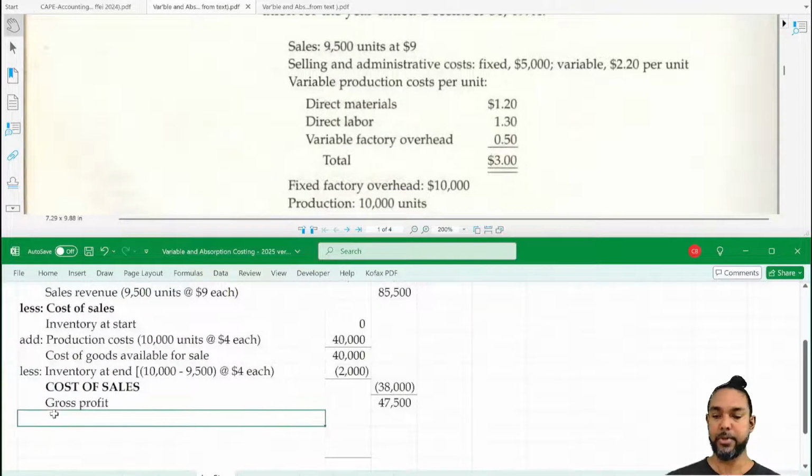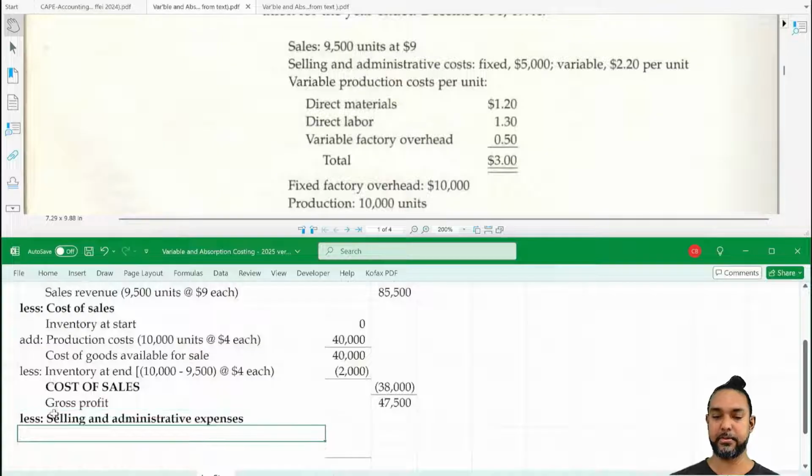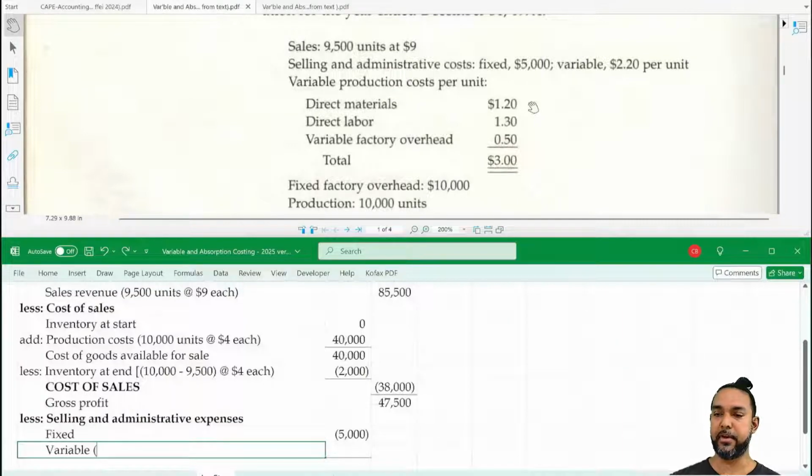Right. So now we have to subtract the selling and administrative expenses, right? So we have the fixed one, which is $5,000. And the variable is $2.20 per unit, so $2.20 each.